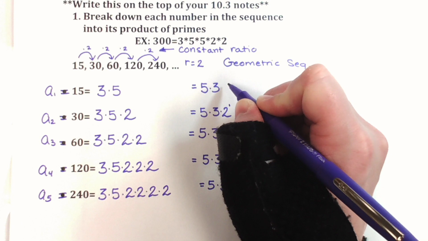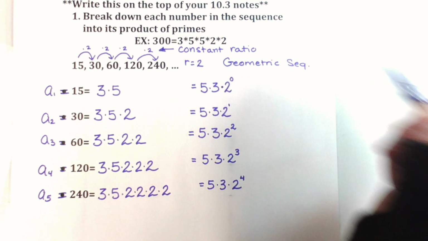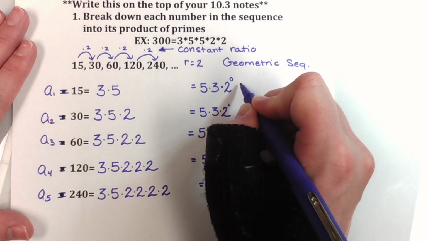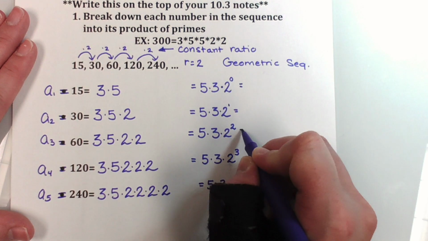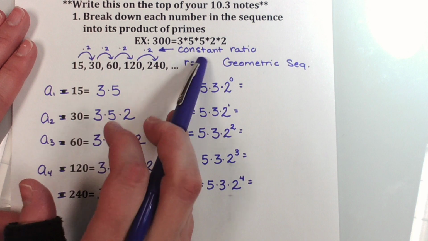And this one technically could have a 2 to the power of 0. We're getting there. So, essentially, what's happening every single time from term to term is it's getting multiplied by an additional r, and that r is the 2.